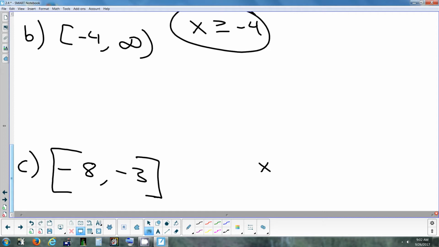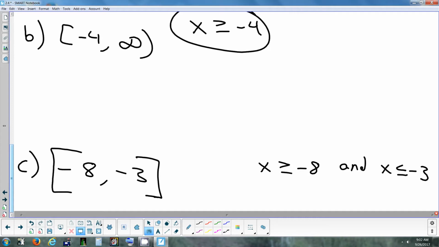Somebody tell me how you would write this one. Yep, Rebecca. x is greater than or equal to -8, and x is less than or equal to -3.